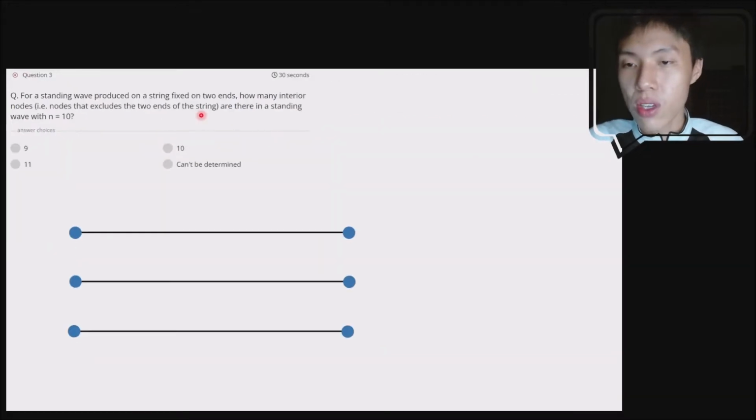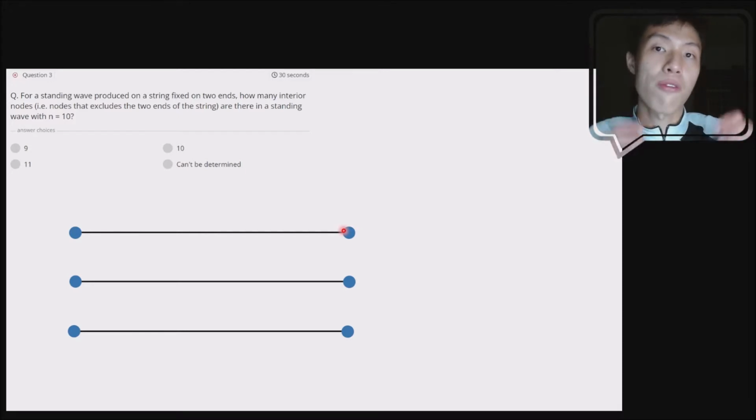Here I've drawn 3 strings, and on this string I've placed 2 pins on both ends to indicate that they are fixed on both ends. If a string is fixed on both ends, we know that the string cannot move at all at both ends. So we call it a fixed end.